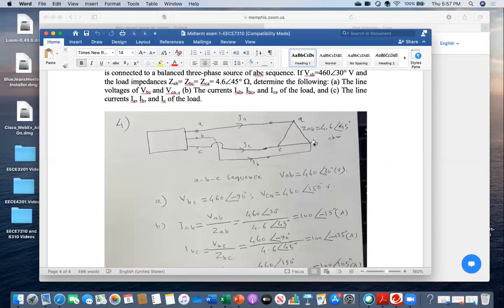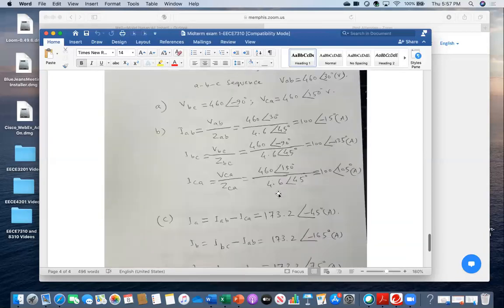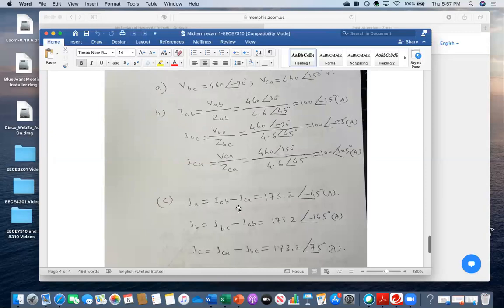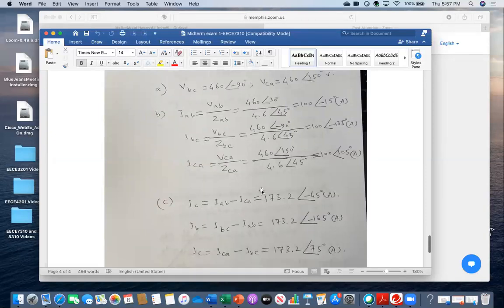Same thing for phase B, IBC and minus IAB. So accordingly, I have written IAB minus ICA. If you subtract this one from here, you will get angle minus 45. Similarly, IBC minus IAB, this one, and IC is this one.